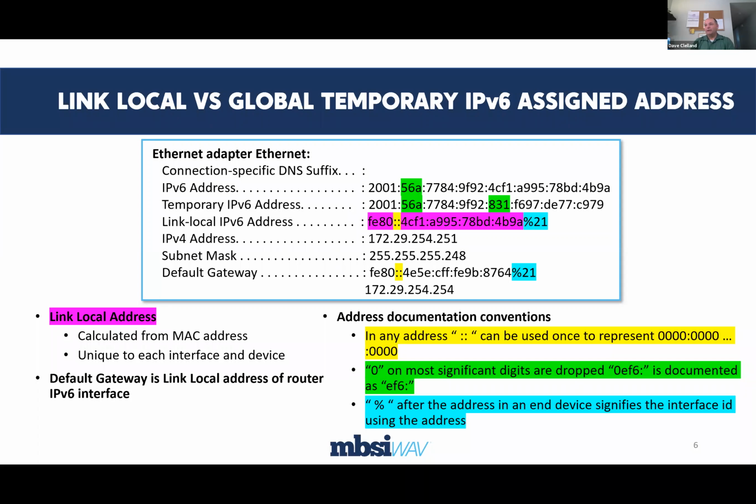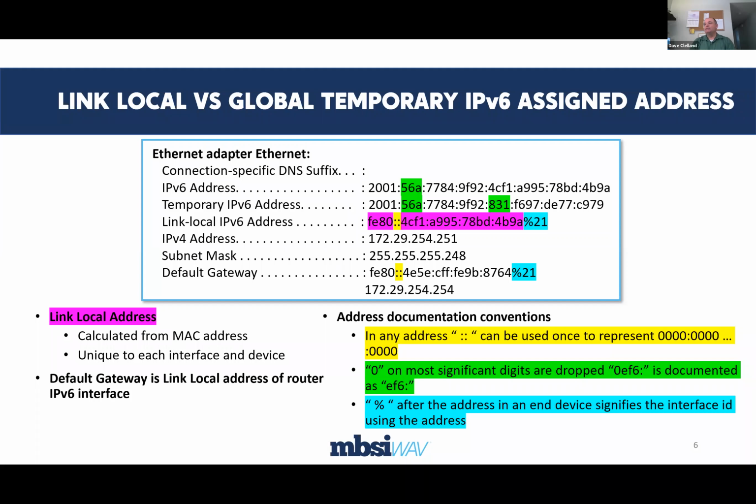So you see in my example here, which happens to be my Surface when I was putting the slides together, I have an IP version 6 address that we see in that second line. I have a temporary address, so I have a different one that the Slack has purposes for. I have a link local address that is on a particular interface.